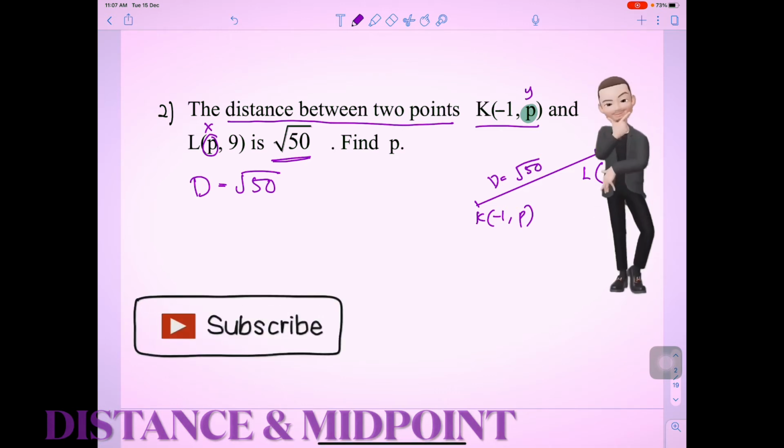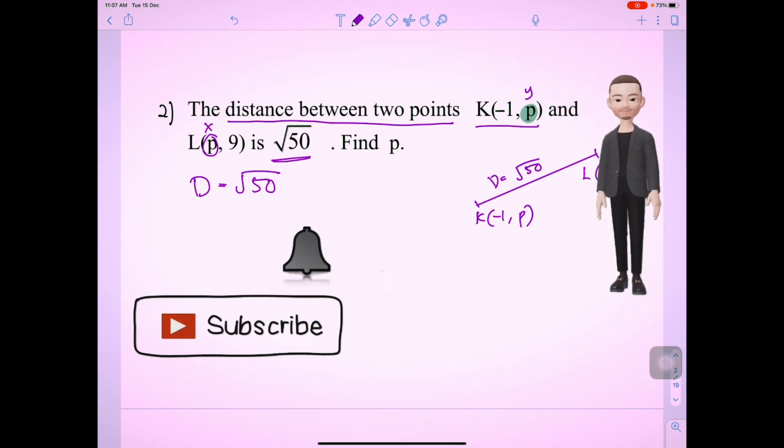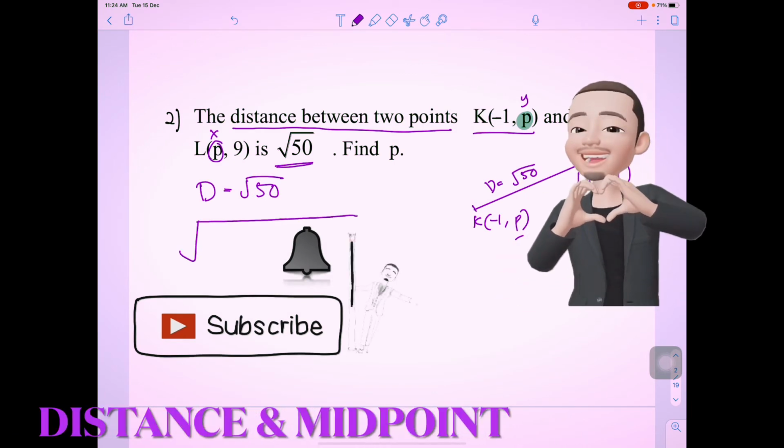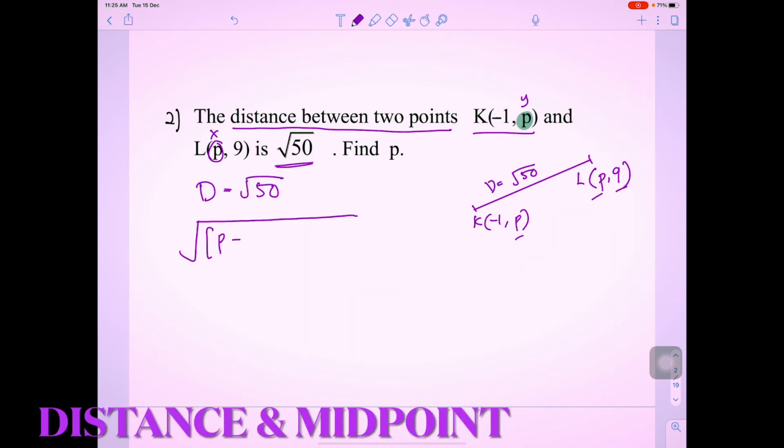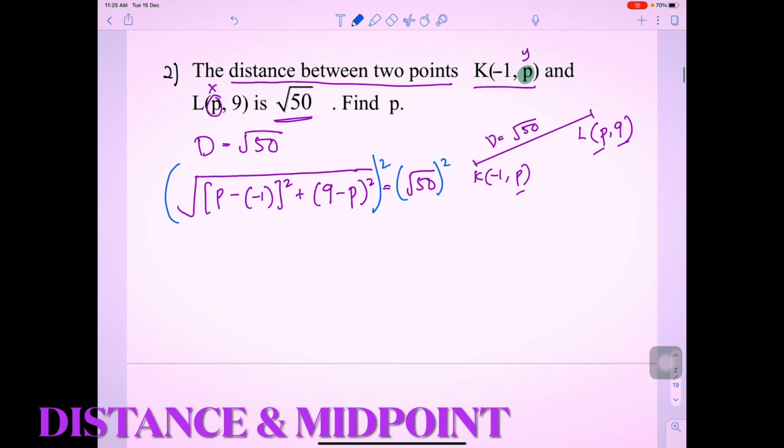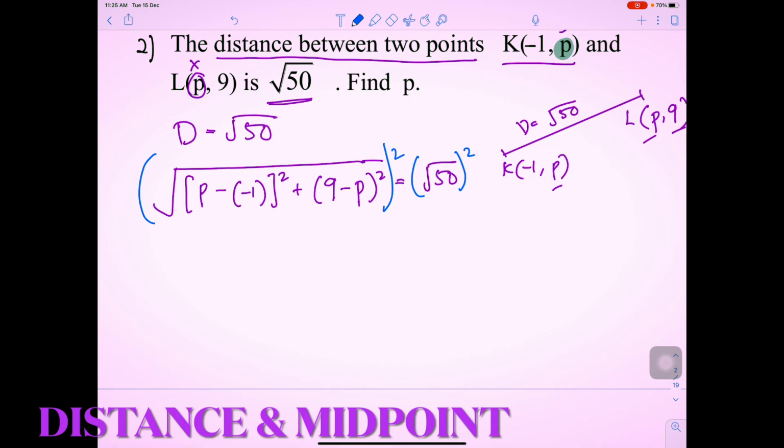By using the formula, substitute: square root of (p minus -1) squared plus (9 minus p) squared equals square root of 50. What do we do? We square both sides so that the equation is balanced, and then we can delete the square root.